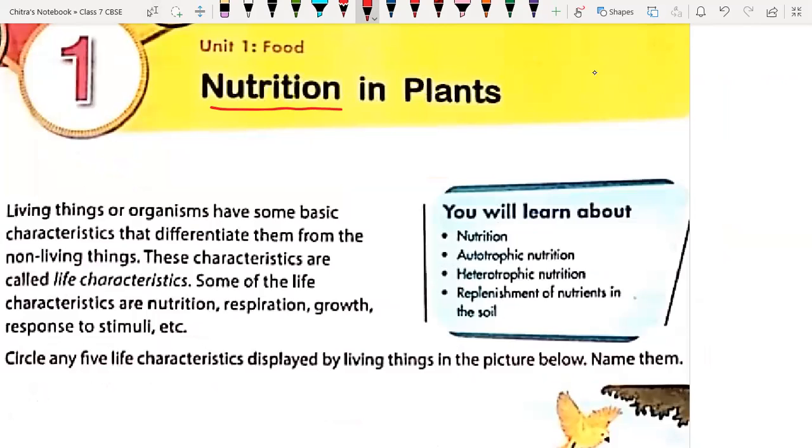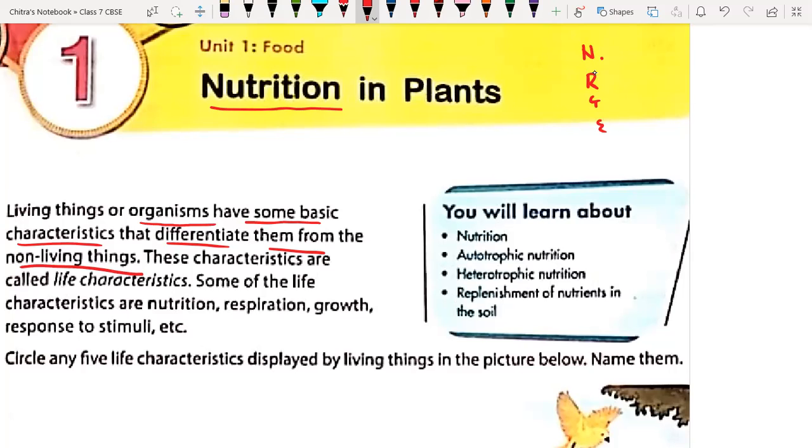Living things or organisms have some basic characteristics that differentiate them from non-living things. We know the factors of the ecosystem. They perform life processes like nutrition, growth, reproduction, excretion. Whatever life processes they perform, these separate living matter from non-living things.